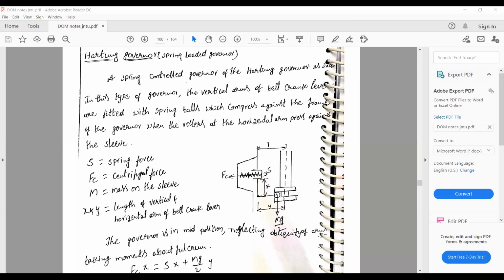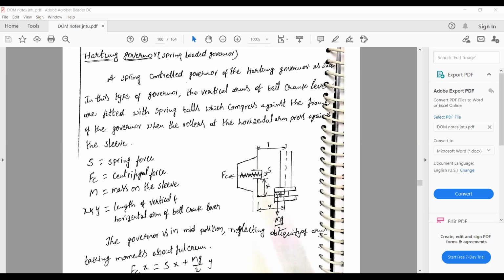If the centrifugal force acts away from the spindle axis, it is resisted by the spring force. The distances from the spindle axis are x, the vertical distance, and y, the horizontal distance.